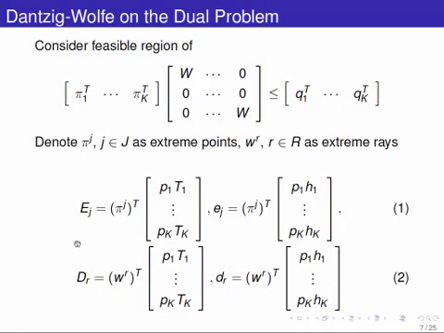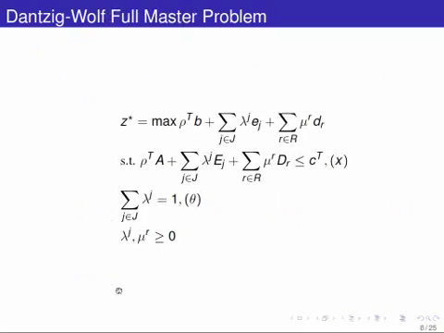If we apply Minkowski's representation theorem to this polyhedron and think of our problem in terms of averages of pi variables and non-negative combinations of w variables, what we get is a problem like this.